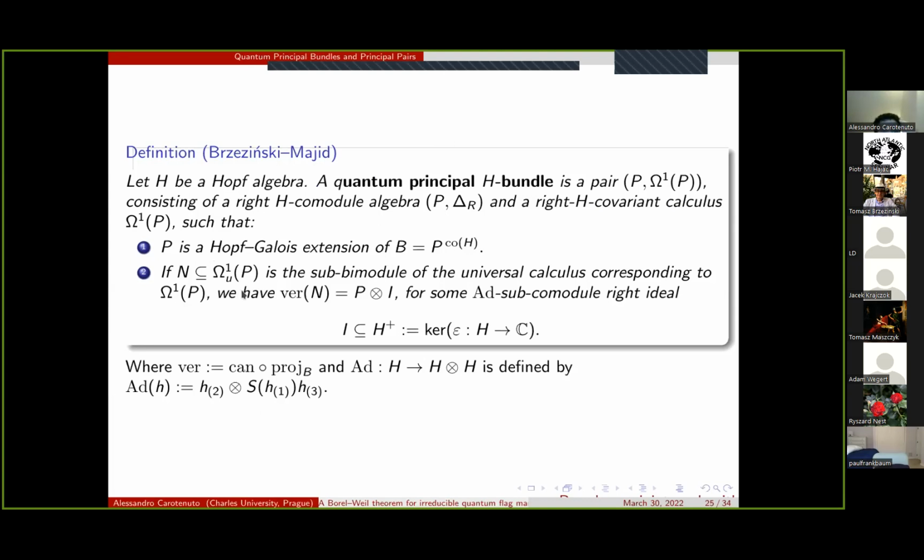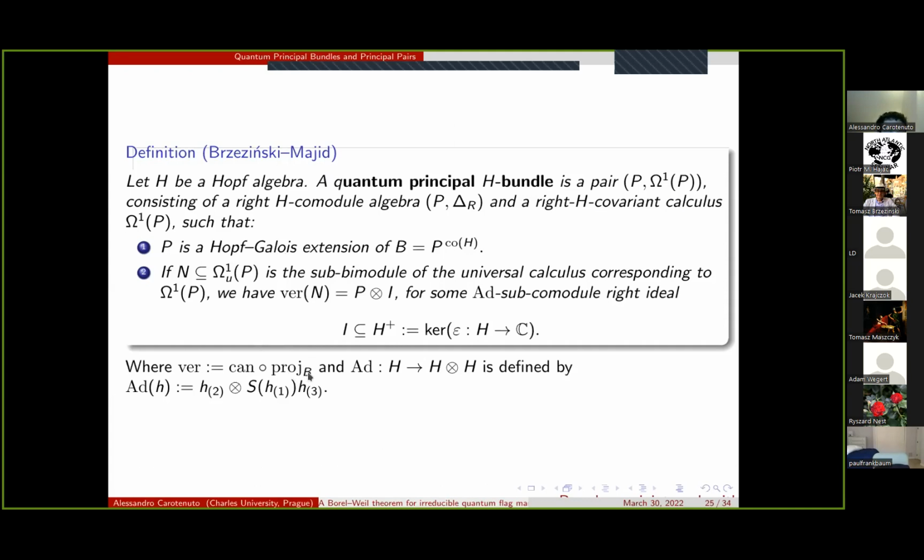And I didn't mention it, but every first order differential calculus can be presented as the quotient of a universal first order calculus by a sub-bimodule N. So we have a first order differential calculus here, and if N is the sub-bimodule of the universal calculus that corresponds to our calculus, we have this map ver of N, which is the composition of the canonical map that defines the Hopf-Galois extension and the projection.